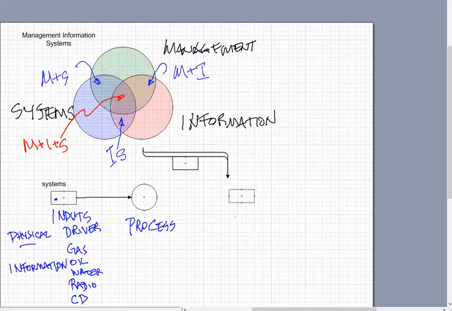I'm using blue. Let's make it a bigger line. Outputs.